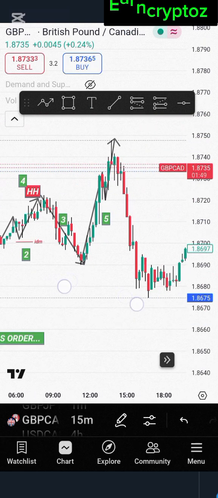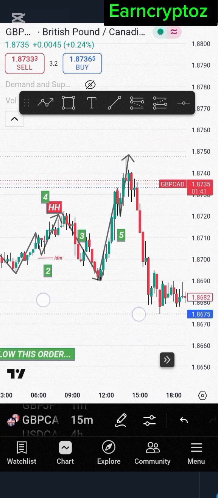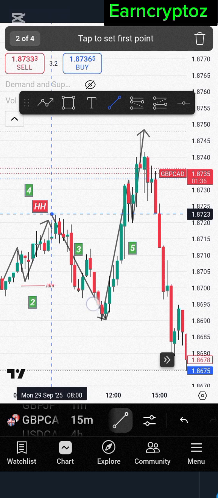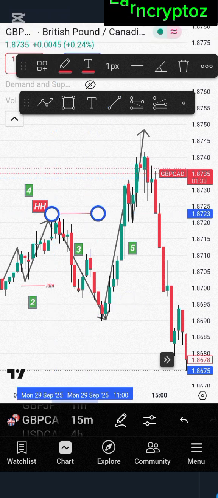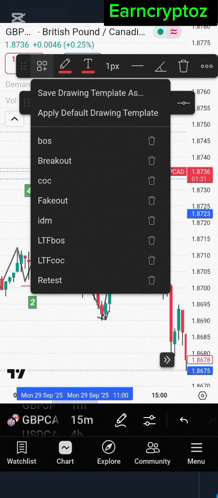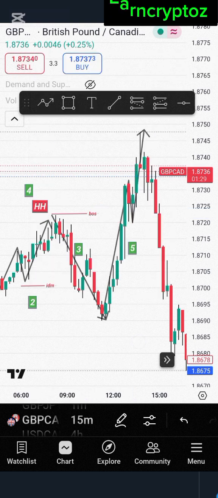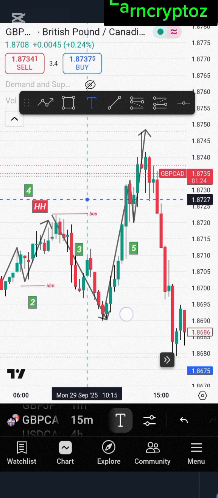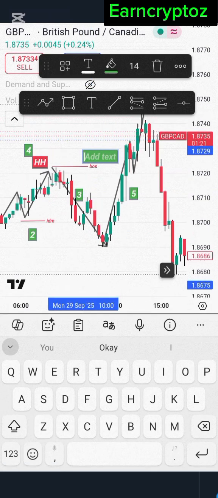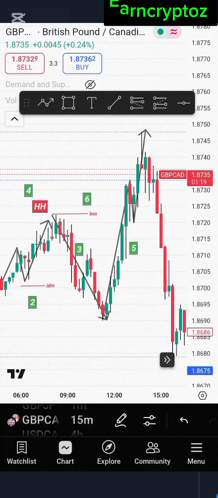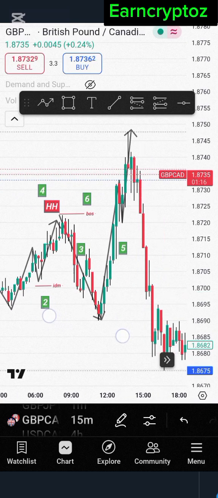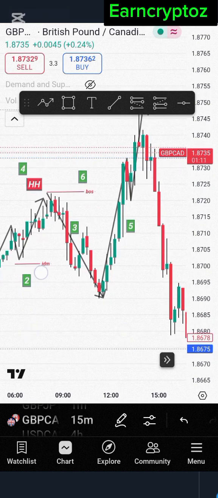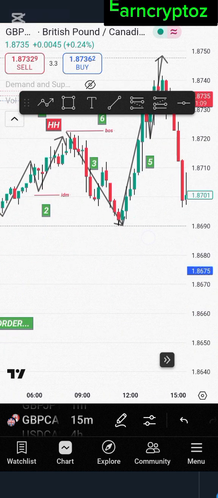Okay, so after the continuation move, we had a valid break of structure up here. This is a valid break of structure. That break of structure is number 6. Number 6. All right. And immediately you identify number 6, you identify number 7. And what is number 7?